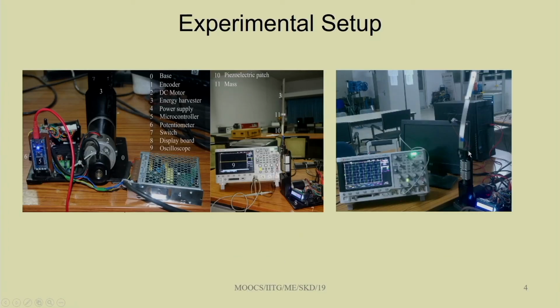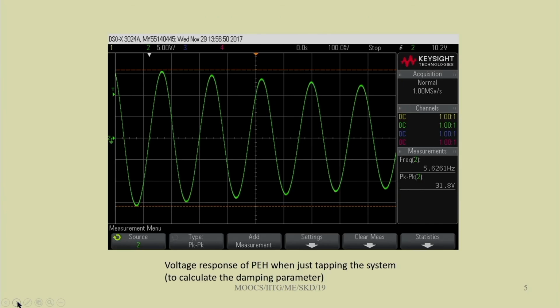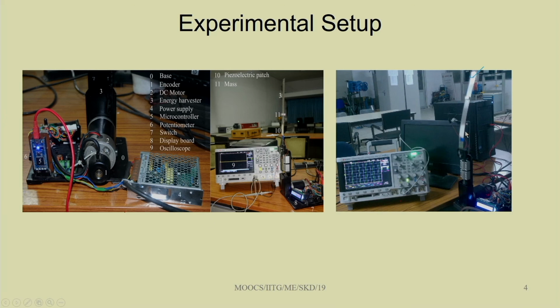You can take a base excited system. For example, this is a base excited cantilever beam. This is a cantilever beam and this is a shaker. We have developed this shaker in house. This is the oscilloscope. You can see we did some experiment and the response is periodic. We have put some piezoelectric patches here.